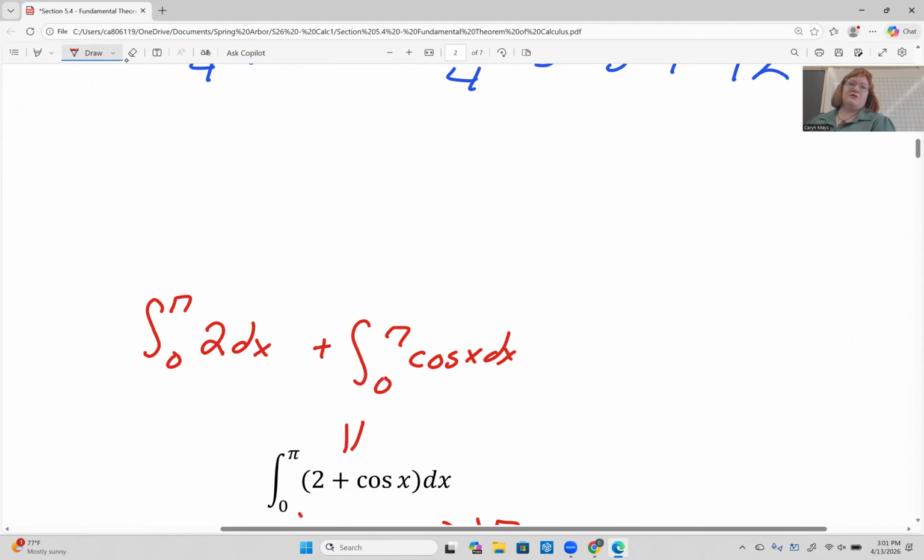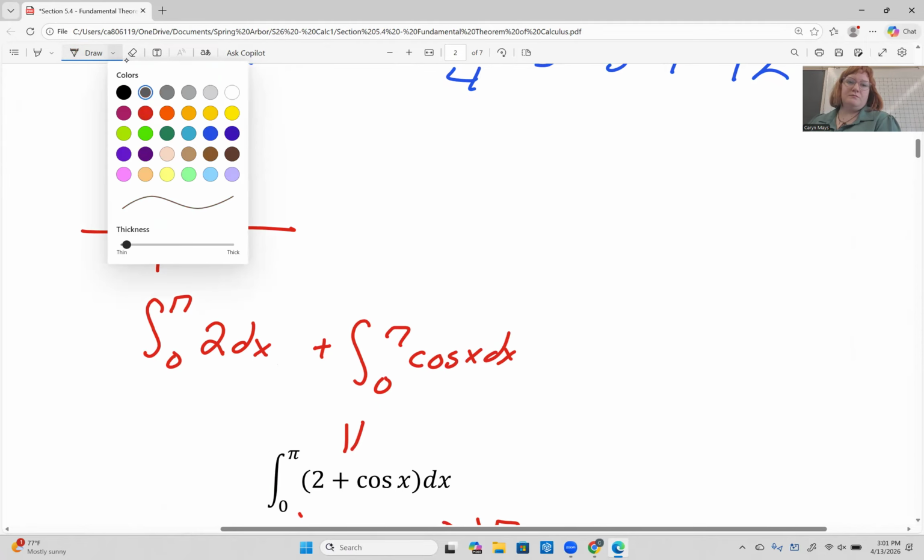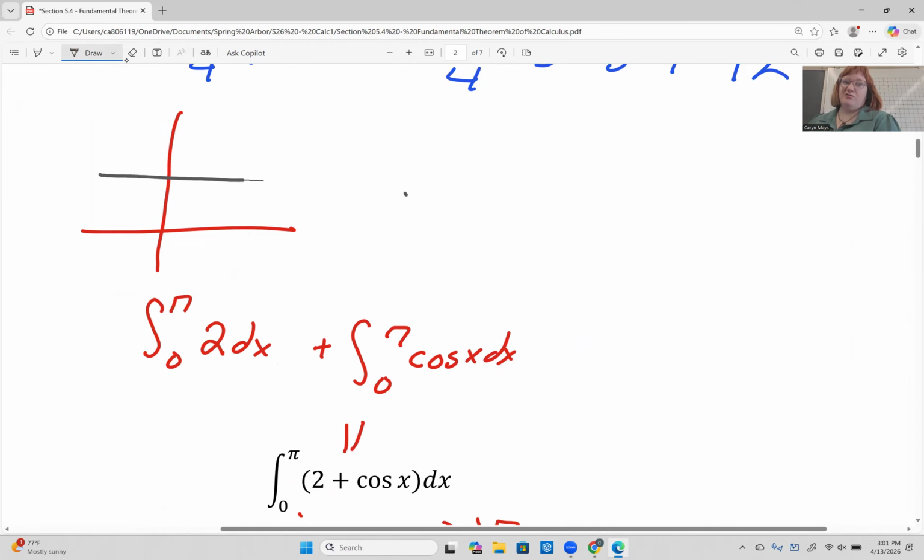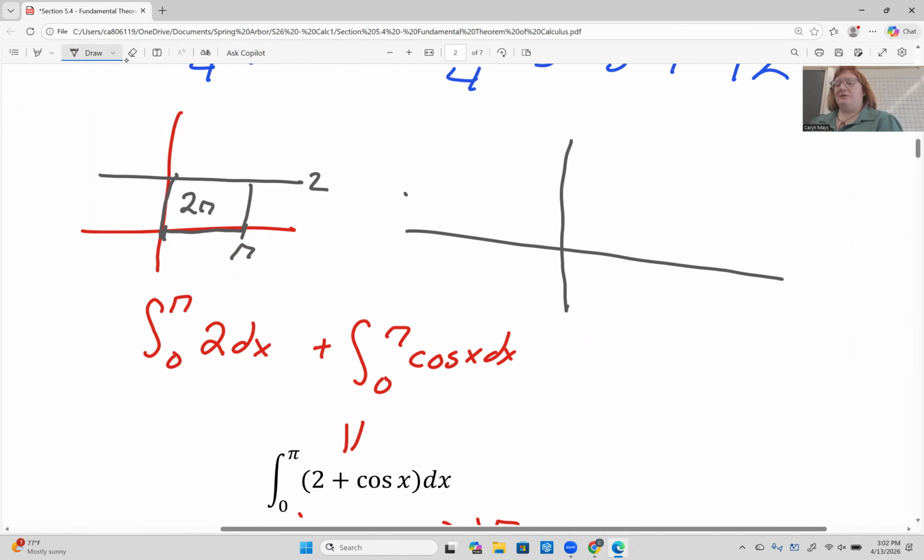So what does the graph of 2 look like? Just a line through 2. We're going from 0 to pi. So how would I find this rectangular area I blocked off? Pi times 2.